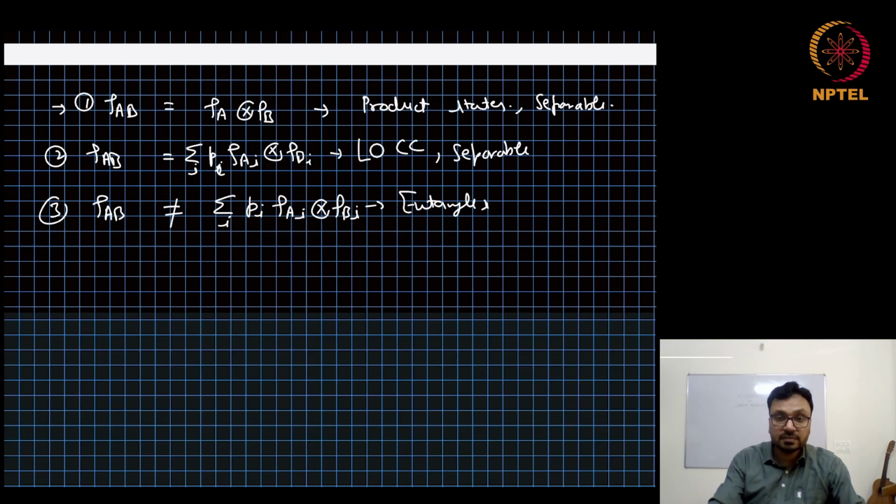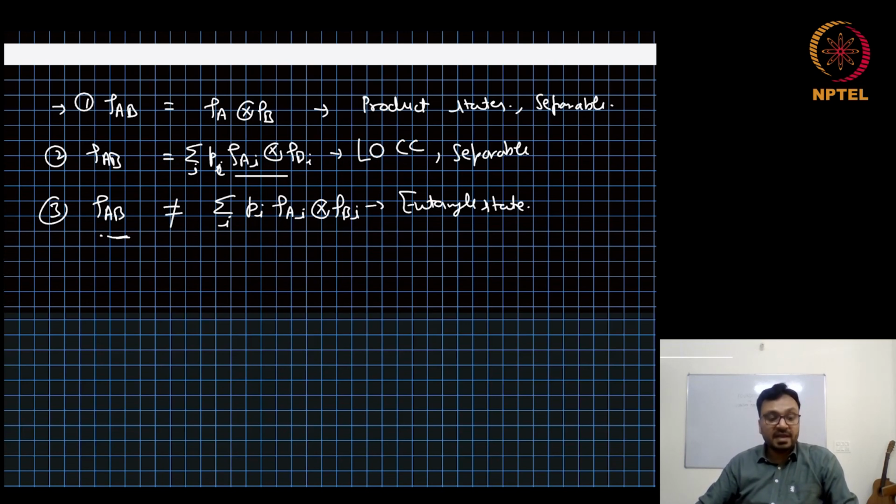This is the definition of entanglement for mixed states, and of course the pure state definition of entanglement is the same as this one. This one is more general. So what we are trying to say here is there exist states for which this kind of decomposition, sometimes called separable decomposition, does not exist.